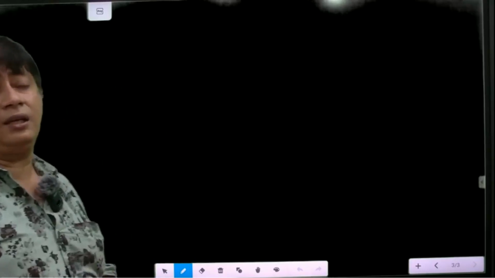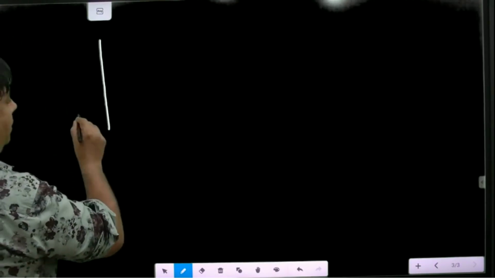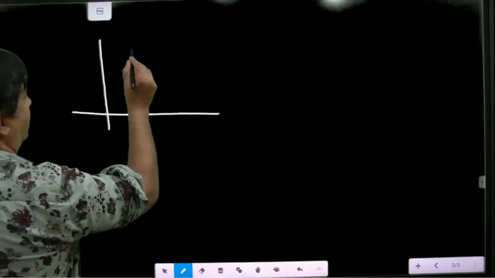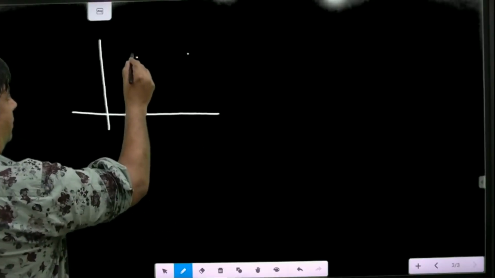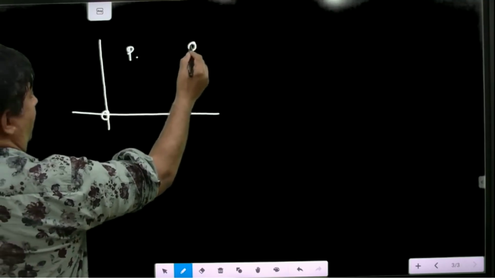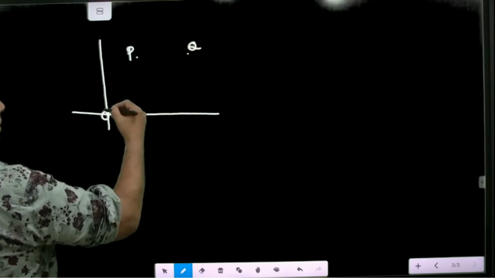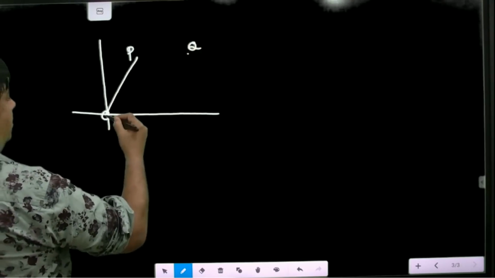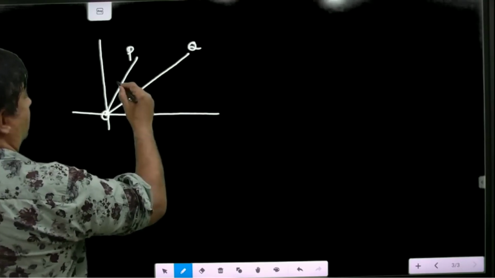let us take in a plane, 2 points. One point is measured with respect to origin, another point also with respect to origin. Give the arrow sign.